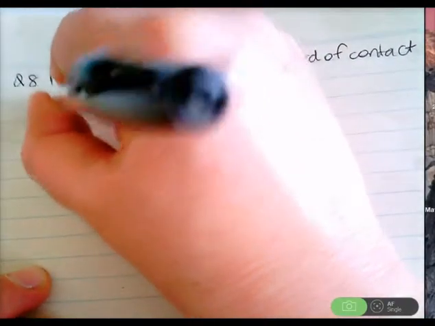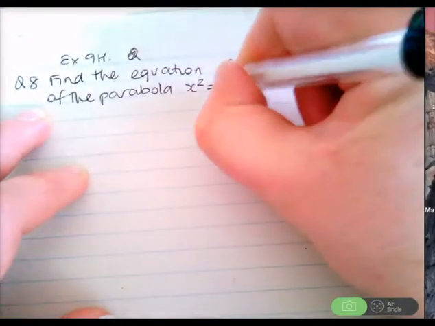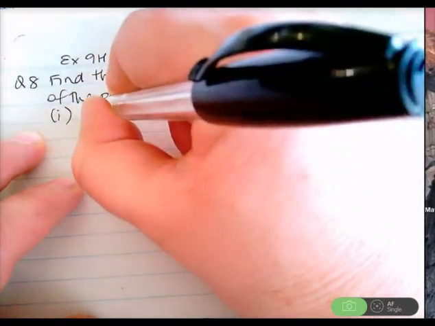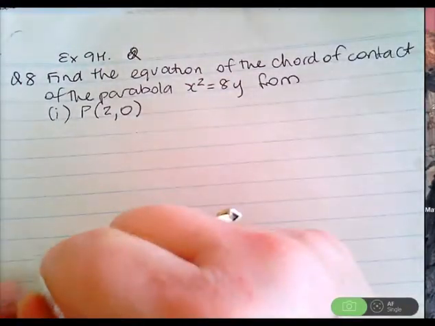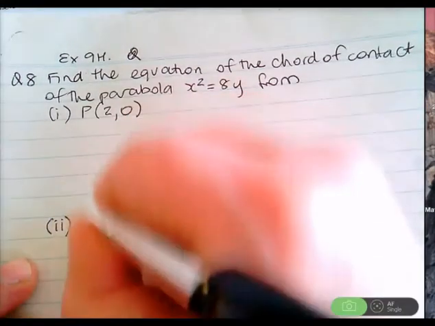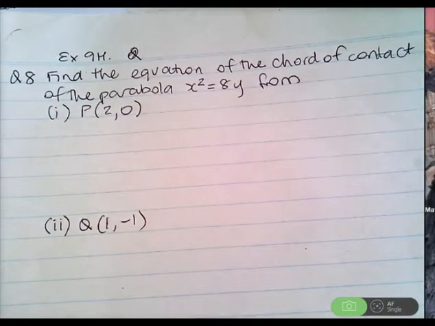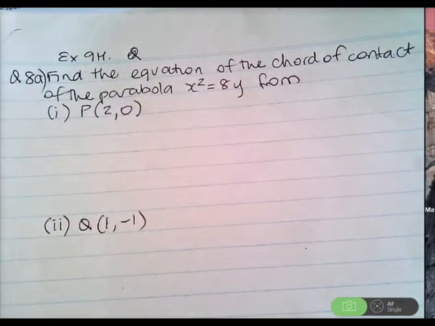Find the equation of the chord of contact of the parabola x squared equals 8y from the points P (2, 0), and we're also going to do it from another point Q, which is (1, negative 1). So question 8a: find the equation of the chord of contact from point P and from point Q. What's the equation?